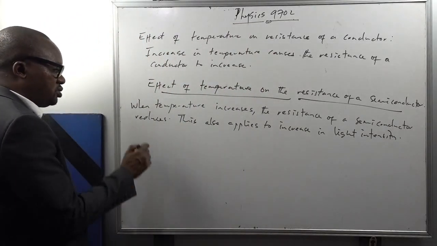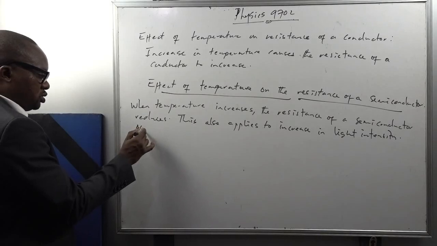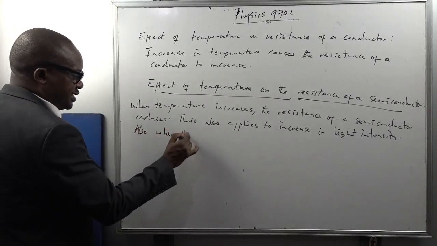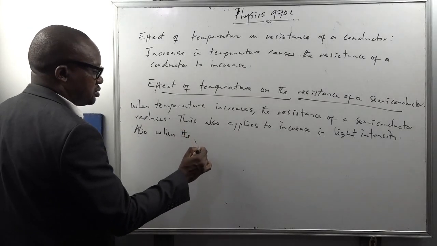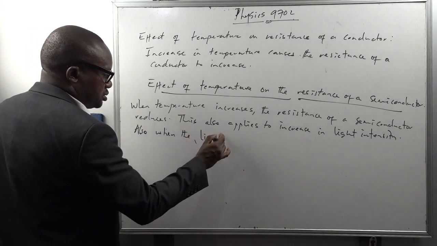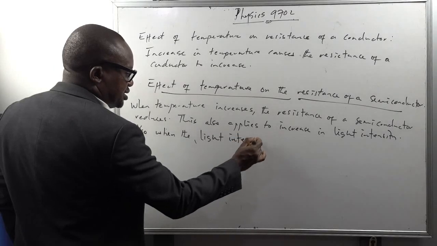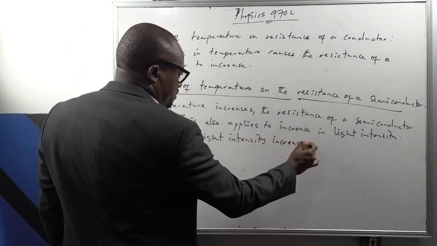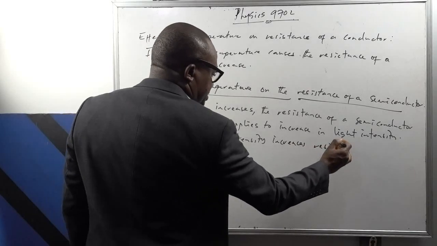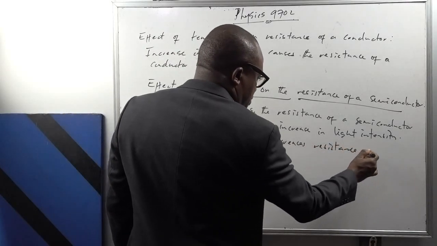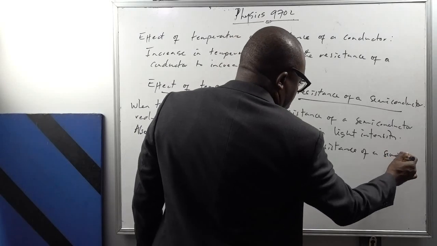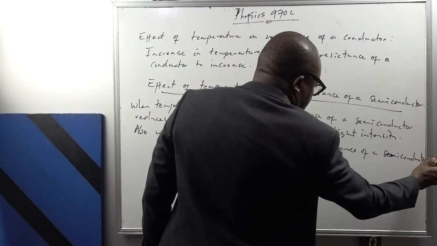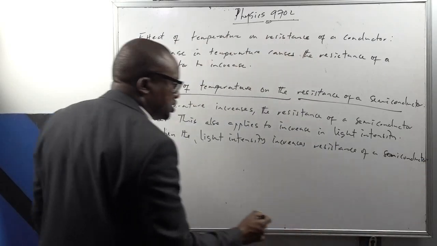So also, when the light intensity increases, the resistance of a semiconductor reduces.